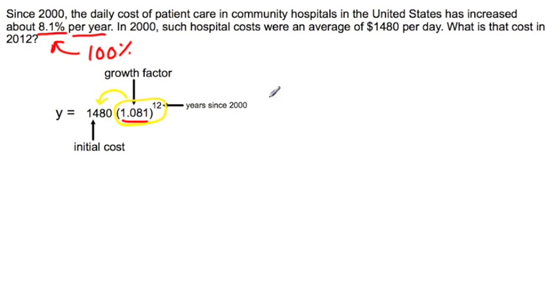And that's going to get me my answer of about $3,768.51. So that same daily cost of patient care will now cost $3,768.51 in 2012. Let's go ahead and try one on our own.